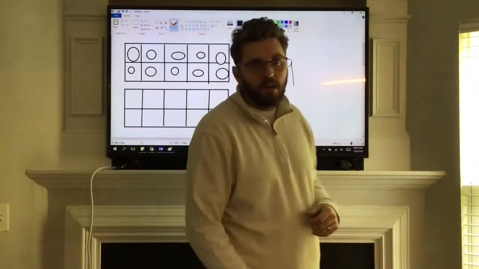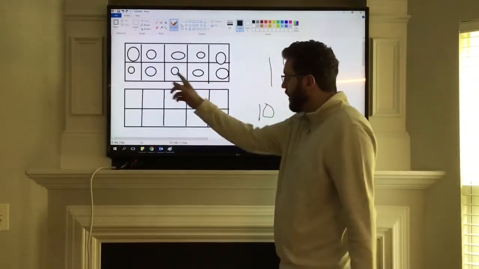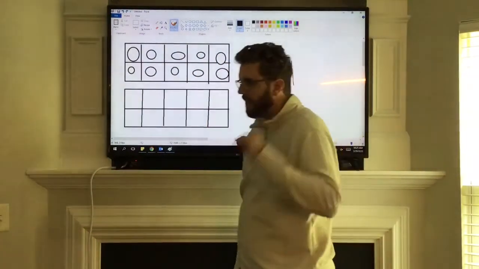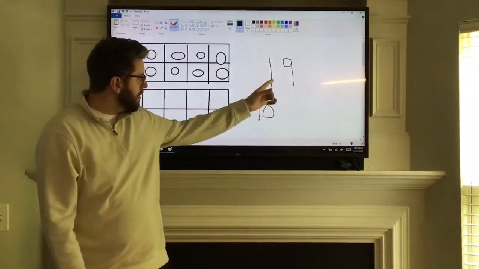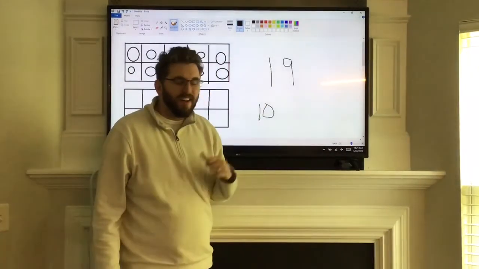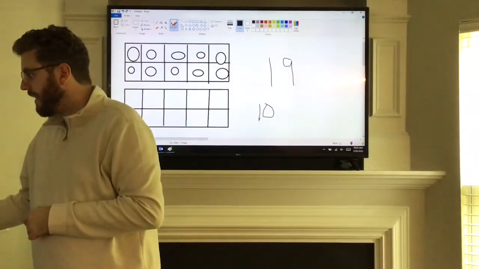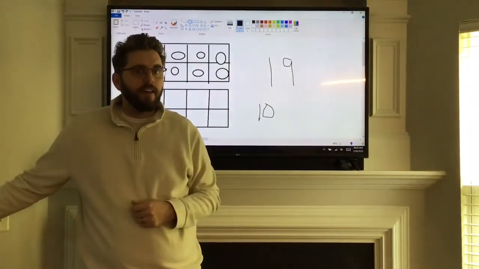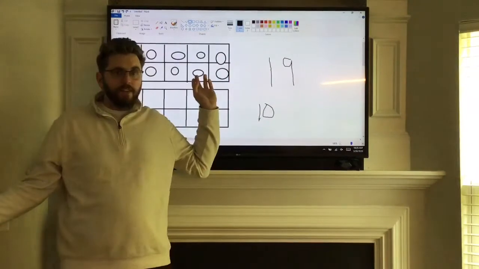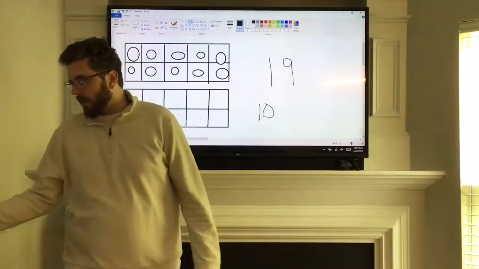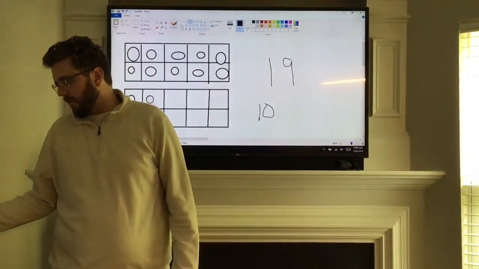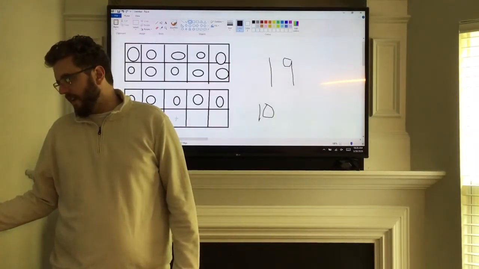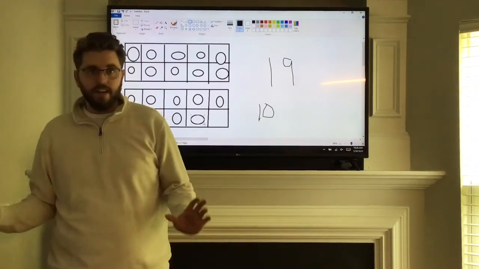Now another way you could do this, other than looking at that number, is you can count on from this. So you know that this is how many? 10. Very good. And what number are we trying to get to? 19. So we'll start at 10 and go 11, 12, 13, 14, 15, 16, 17, 18, 19.